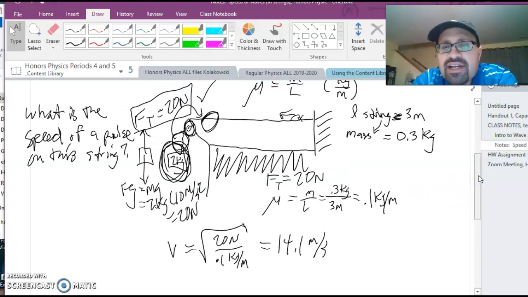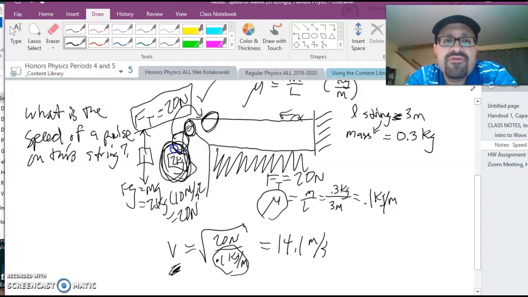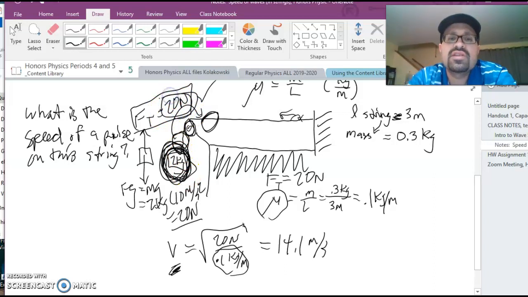If the string was skinnier or fatter, that would affect this mu value, which in turn would affect the speed of the wave pulse. On the other side of the story, if instead of 2 kilograms here you had 5 kilograms, so you had 50 newtons of weight pulling on the string, the tension force would jump up to 50 newtons.